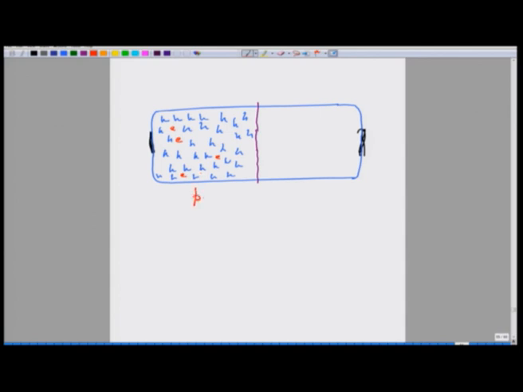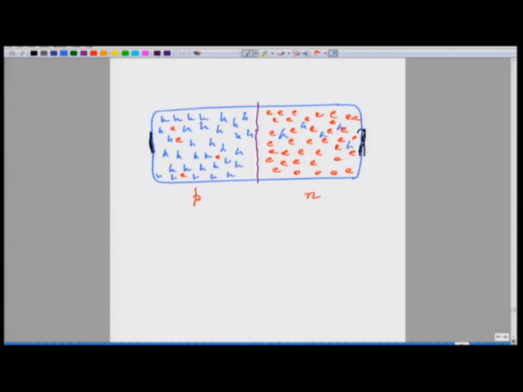So, this is your p side, and the other part is n side, in which you have a large number of electrons, because you have doped those donor impurities and they have created energy levels slightly below the conduction band, and these electrons from these impurity levels go to the conduction band, and therefore, the concentration of conduction electrons becomes very, very high, and you also have some holes here.